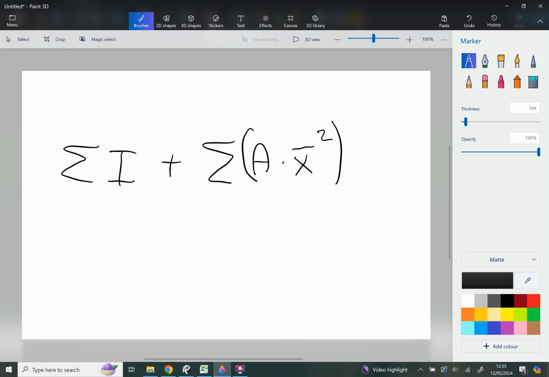So you may be wondering what each of these bits are. Well, this I, we can get from a formula. I'll show you the formula in a minute. This is the formula for each subdivided element, so the I value of the circle sectors, the blue and the red sectors. This A is just the area of the sectors, and the x bar is the distance from the centroid of the overall system to the centroid of the local element.